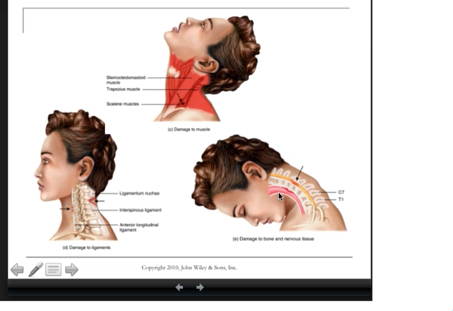What are the muscles that can be affected? Well, you can injure the sternocleidomastoid, the trapezius, the scalenes. The ligaments that can be affected include the ligamentum nuchae. That's basically a ligament that attaches to the nuchal ridge, which is a protuberance on the posterior medial border of the occipital bone.